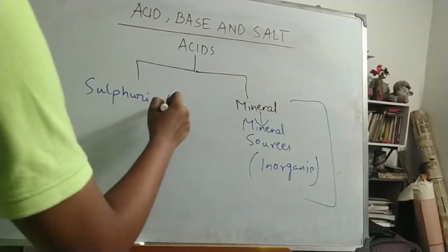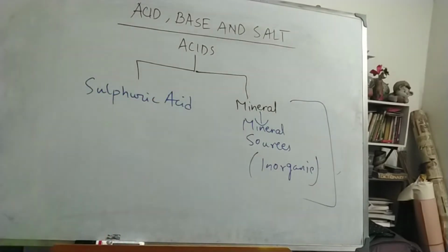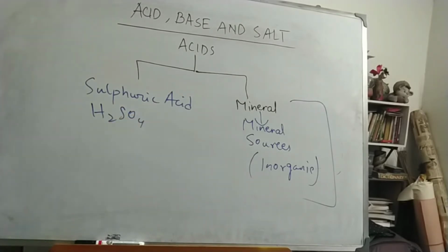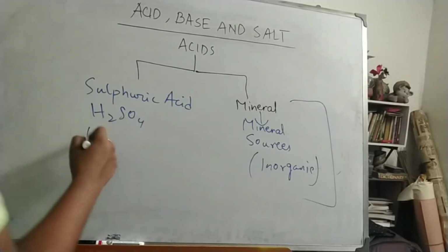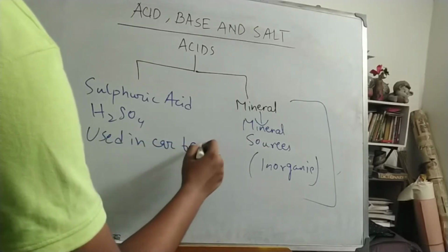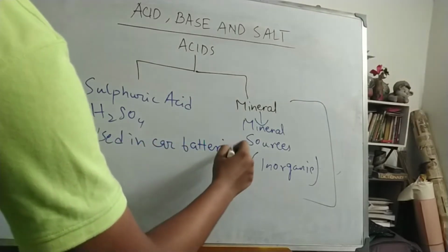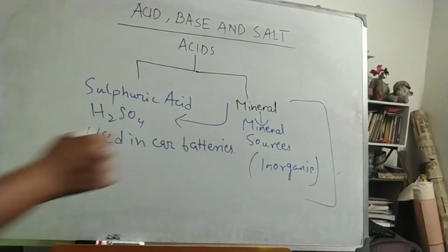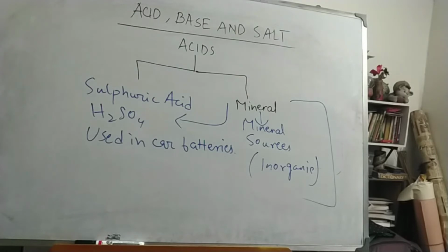This is a mineral acid, written as H2SO4. Where is it used? It is mainly used in car batteries. This is an example of mineral acid.